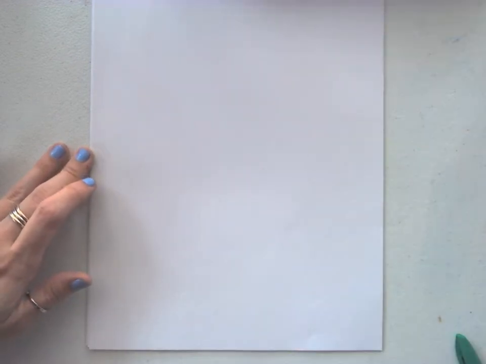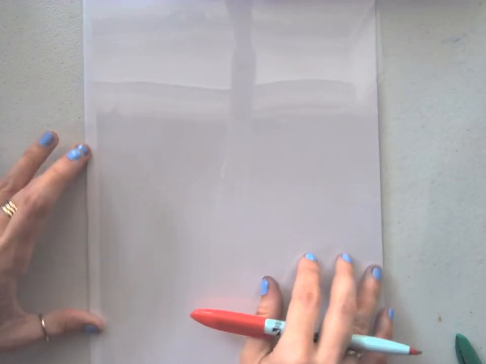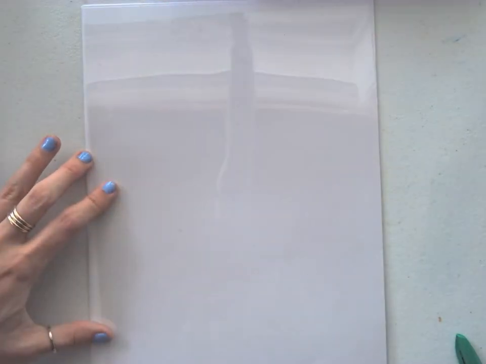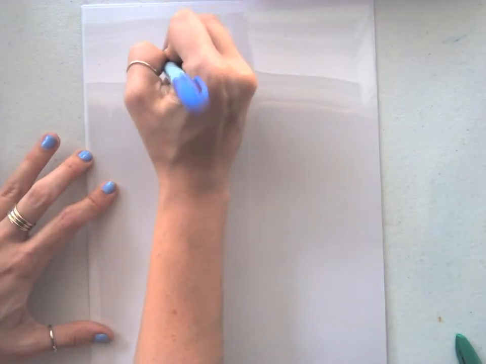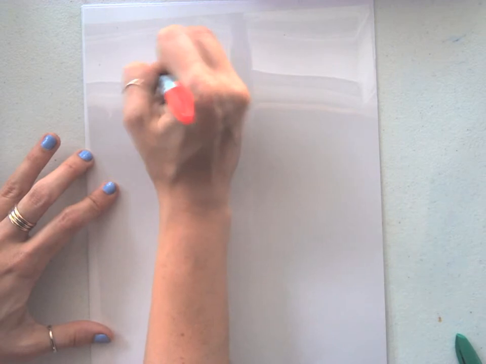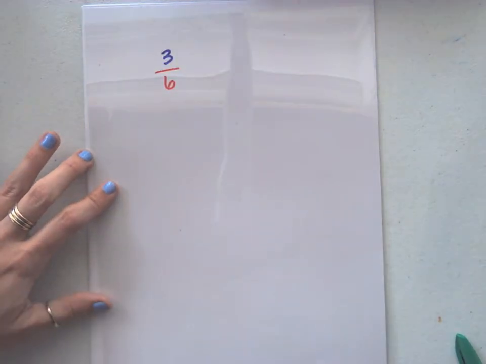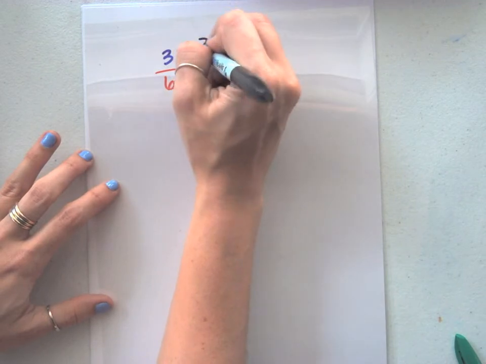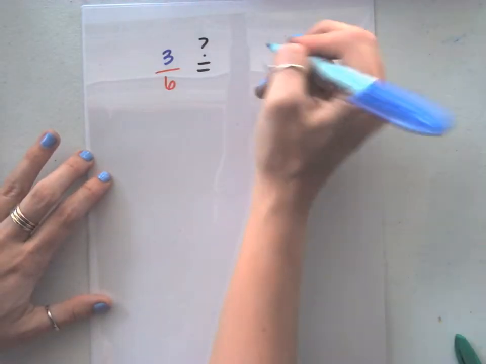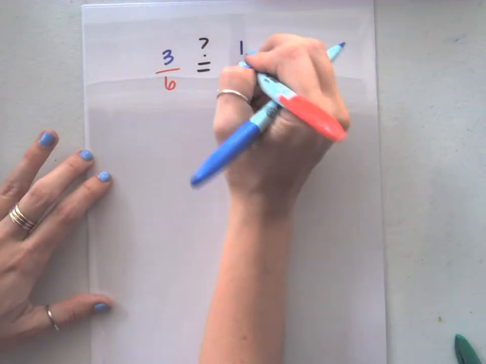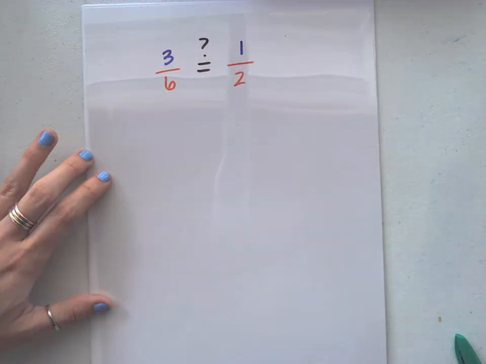Now, another way that you can do this is by writing your ratios as fractions. So again, we had 3 blue stars to 6 red circles. And we're wondering if it's equivalent to 1 blue star for 2 red circles.